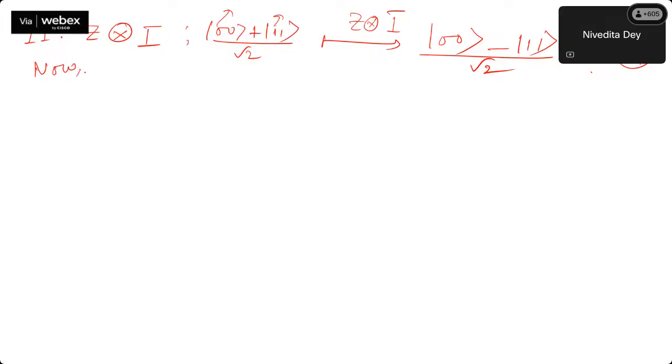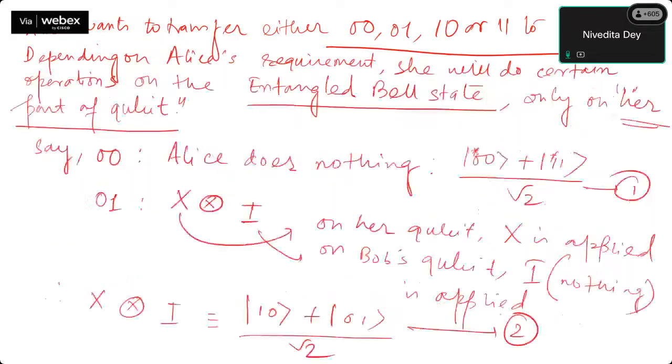Now, Bob has 4 different Bell states. Right? Now, Bob will use the CNOT operator first. From where are we getting that?